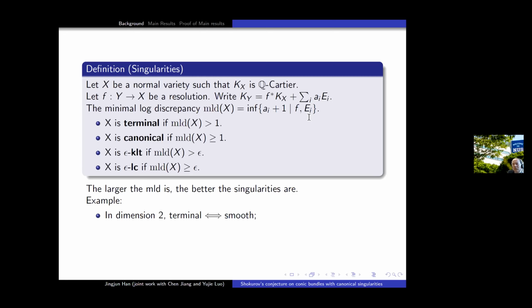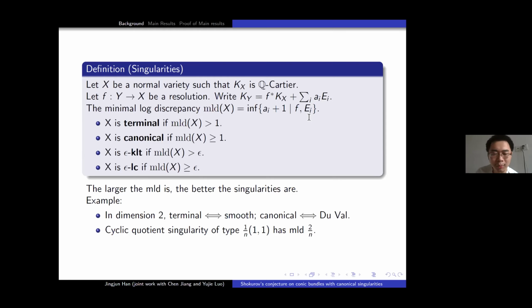For example, in dimension 2, terminal is equivalent to smooth, and canonical is equivalent to Du Val singularity. Moreover, if we have a cyclic quotient singularity of type 1 over n, (1,1), then the MLD is equal to 2 over n.